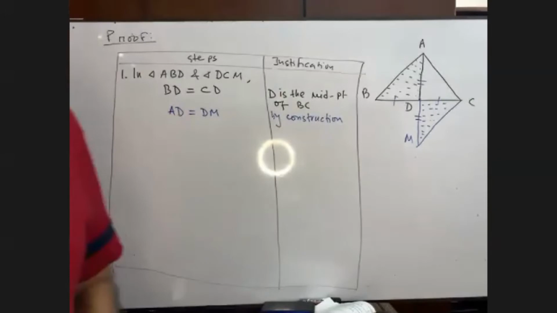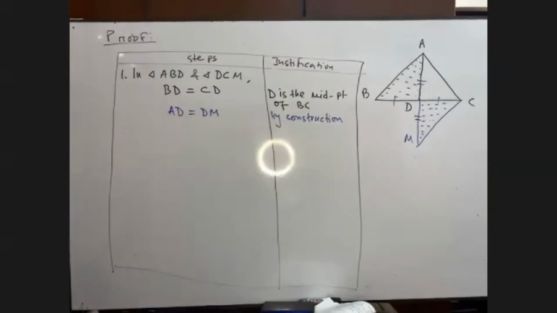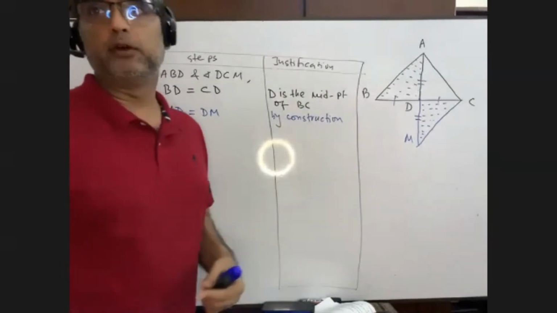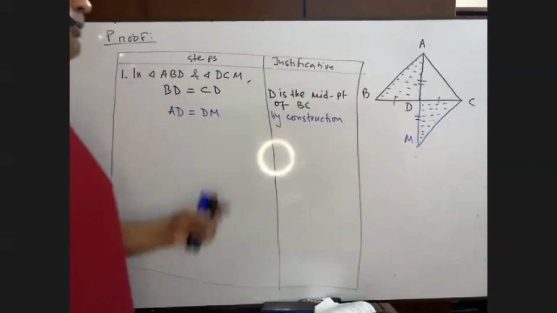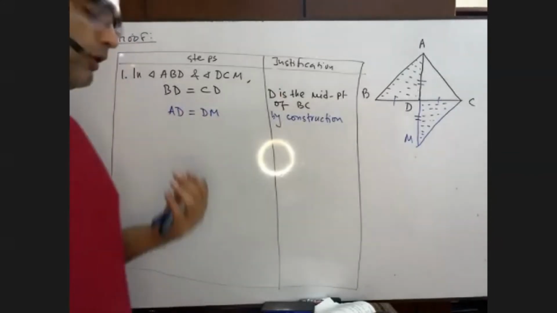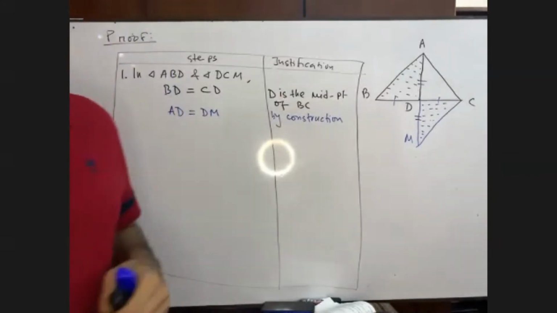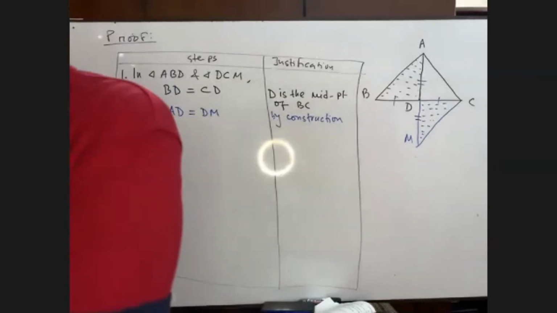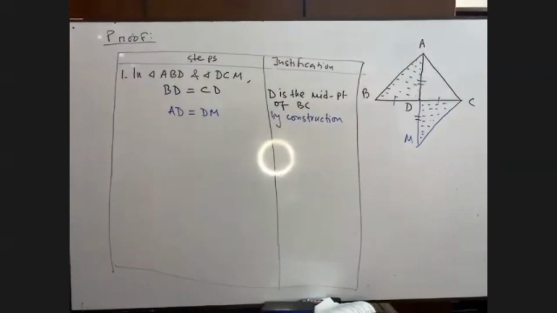Now you see, what else can be written to make these two triangles congruent? Is there anyone here to let me know what else can be written? Only Wasi is talking. Sir, ADB is equal to CDM since they are vertically opposite angles.